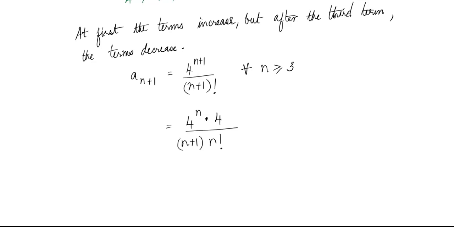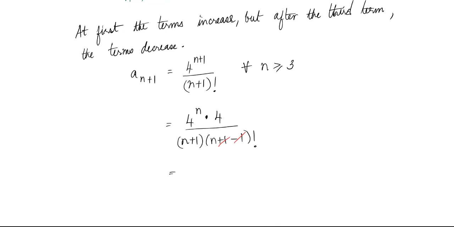If you want, I can show it to you, one more step. And the ones cancel off. That's how you're left with the n factorial. There is 4 power n. And I want to bring the n factorial down to this and split up the product so that the 4 and the n plus 1 are together.